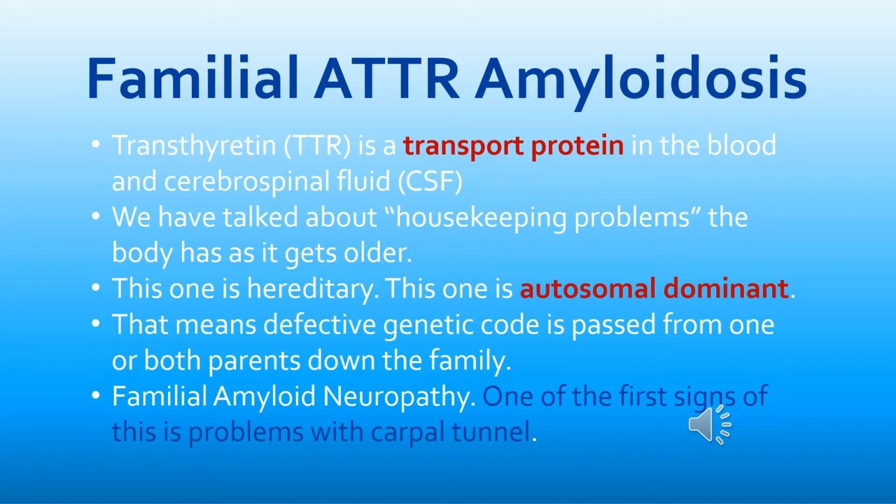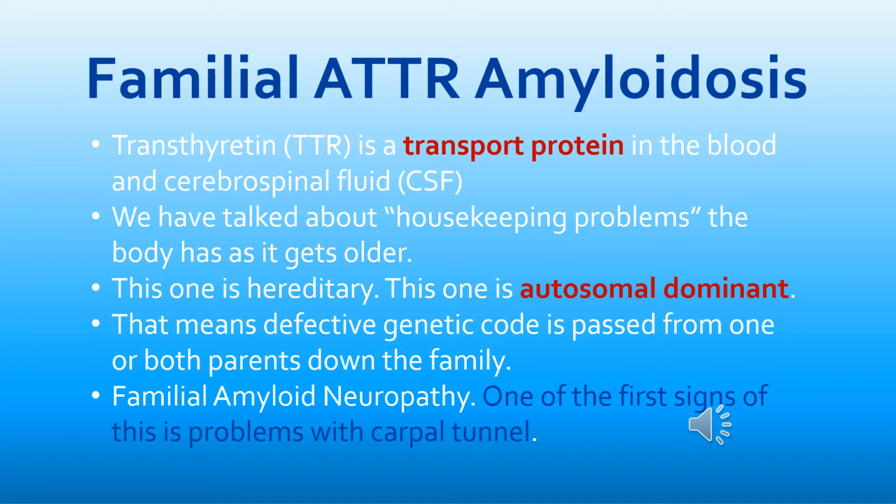All right, now this particular type of amyloidosis is caused by the TTR protein, which is a transport protein, and it can be found in the blood, and it's also found in the cerebrospinal fluid, which is the fluid that surrounds the brain. Now, we've talked about in various cases about quote unquote housekeeping problems that your body has as it gets older.